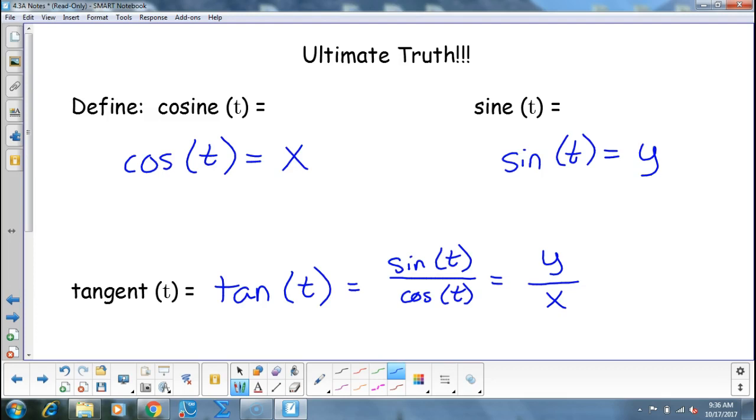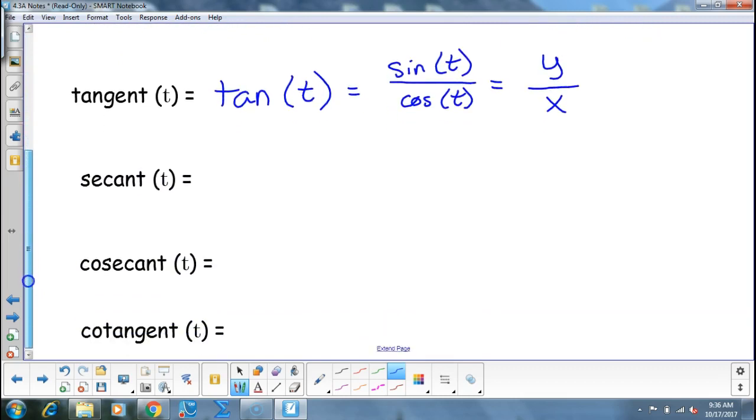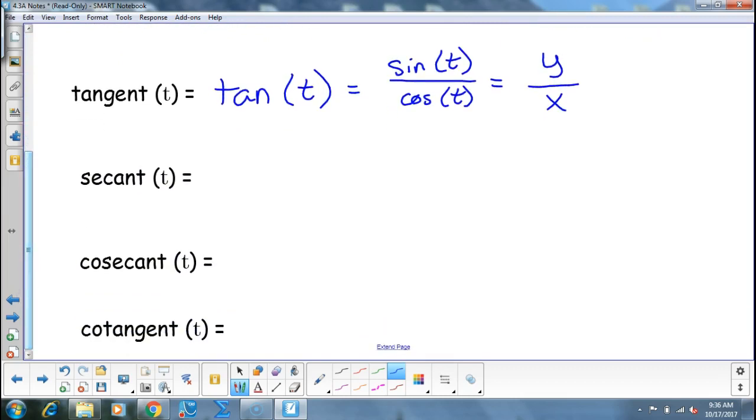In trig, we've got 3 more. I almost said 6 more, but we've got 3 more to go along with it. Secant, cosecant, and cotangent are our new ones today.